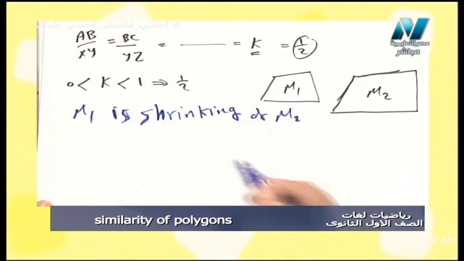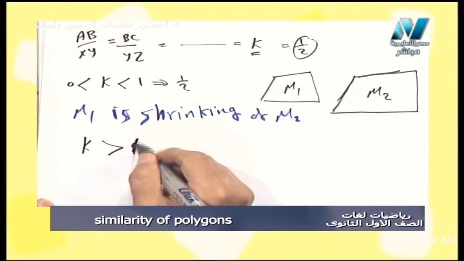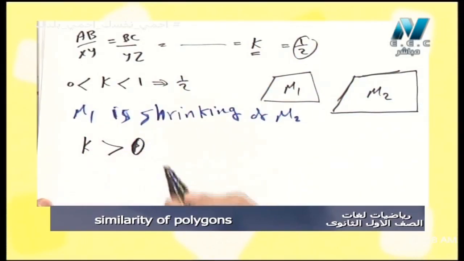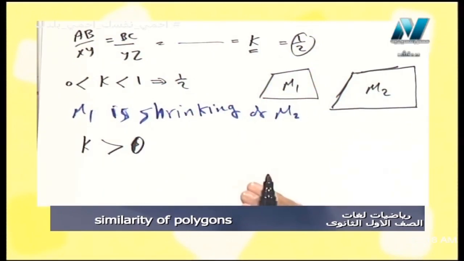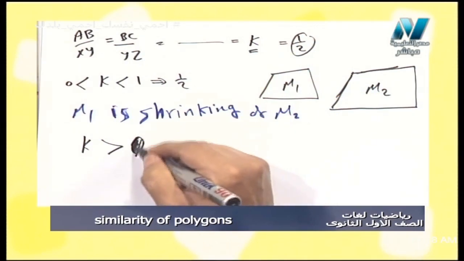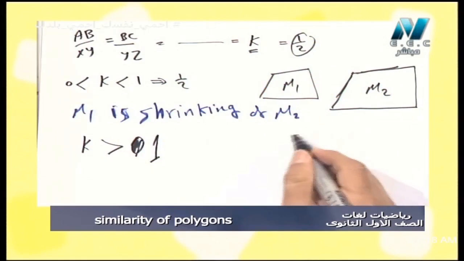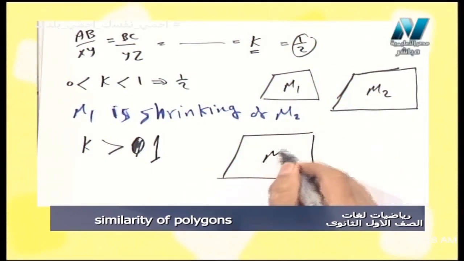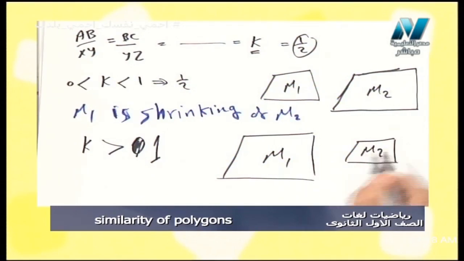Okay, but if we have K greater than 1, that means that M1 here is an enlargement of M2.